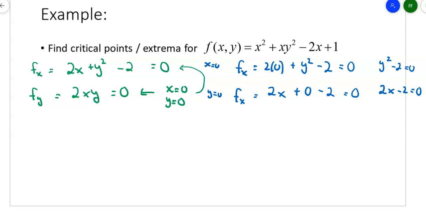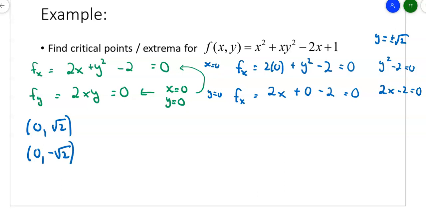This is a line for y equals 0. Can you see that over here, if I move the 2 to both sides, I'm going to get a solution of y equals plus or minus the square root of 2. Right, because I move the 2 over, take the square root, and I actually get two values. So when x is equal to 0, I get positive square root of 2. When x is equal to 0, I get negative square root of 2.